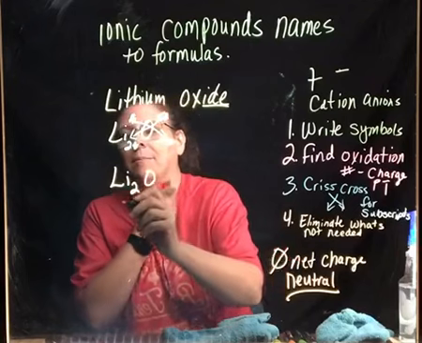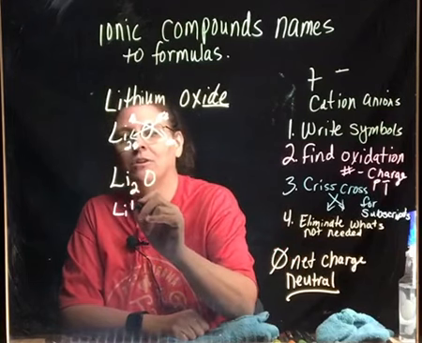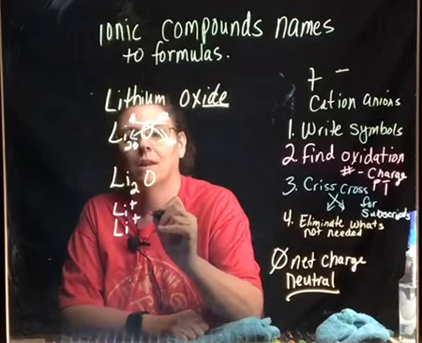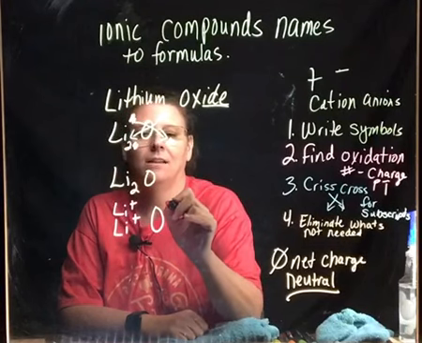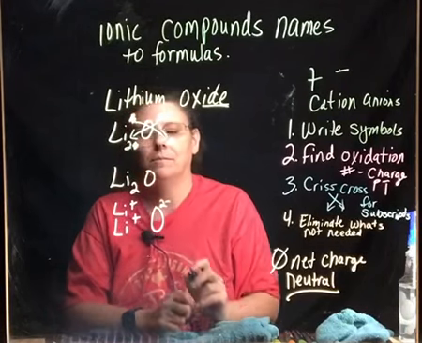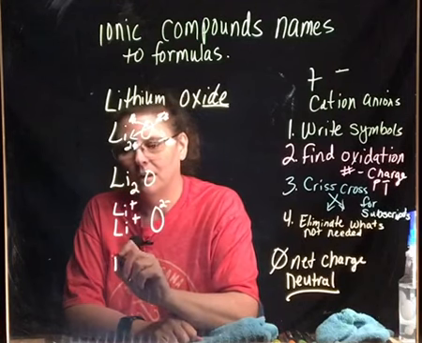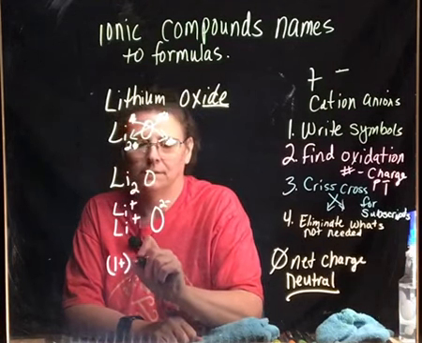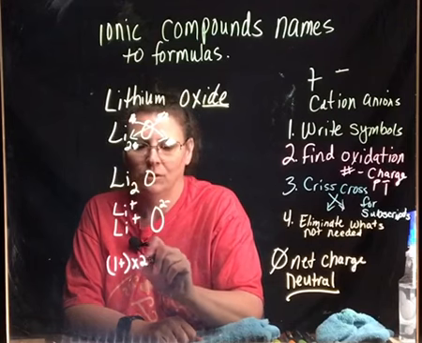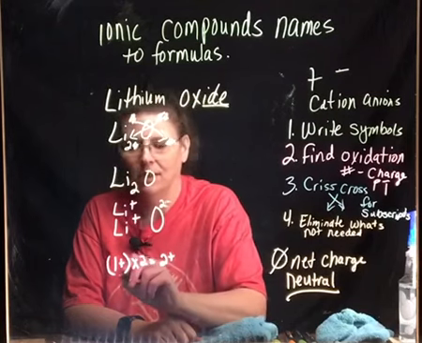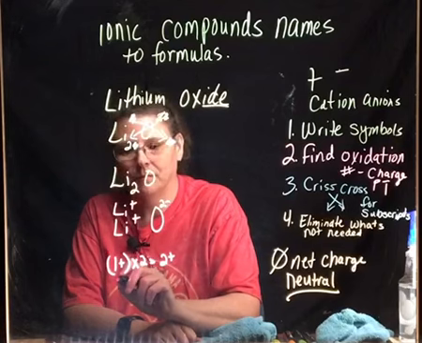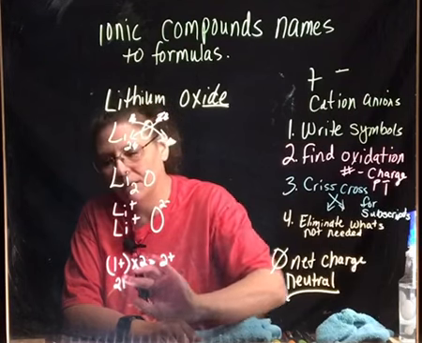How does this happen? Well, lithium has a +1 charge, and we have 2 of them. Oxygen has a -2 charge. When you add these together, it's like saying 1 plus times 2 gives me a 2 plus, and we have 1 at 2 negative.